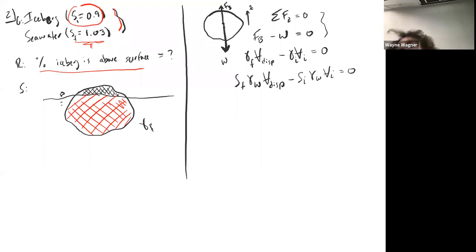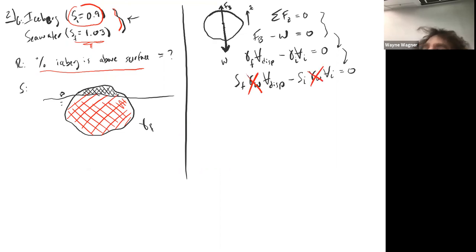We're getting alphabet soup, with each step getting more and more symbols. But I think we're also getting more and more things that we know or that we're looking for. Because what's nice here is that gamma water algebraically goes away.